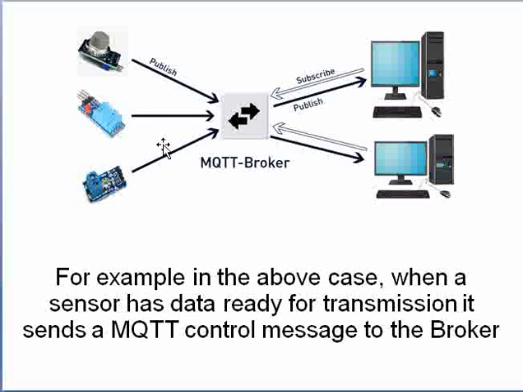When the publisher, here in the case of this diagram the sensors, wants to send the data, it sends a control message which contains the data to the MQTT broker, and then the MQTT broker further sends the data only to the devices which subscribed for that data from the publisher. So, a very, very important role is played by the broker here.